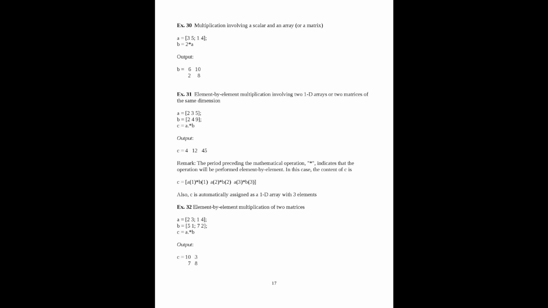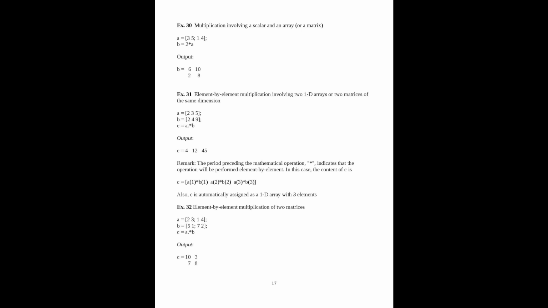So this is a very basic multiplication. If you want to multiply point-wise, element-wise, then you use this dot. And if you want to multiply the matrices in the usual way, then just write an asterisk between the matrices. Okay.